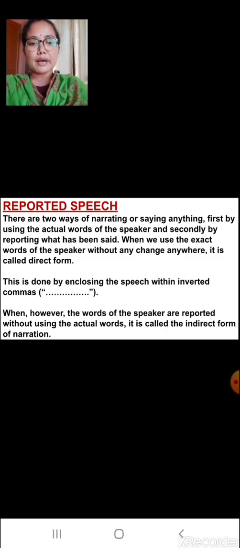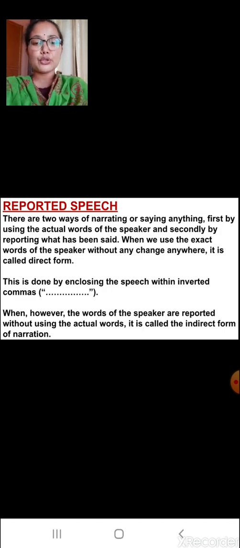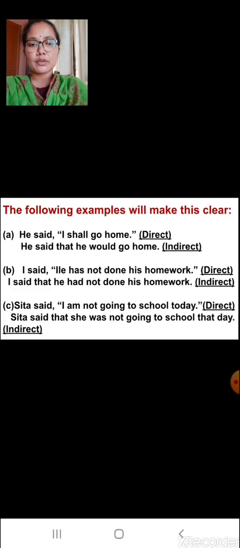This is done by enclosing the speech within inverted commas. When, however, the words of the speaker are reported without using the actual words, it is called the indirect form of narration. The following examples will make this clear to you.